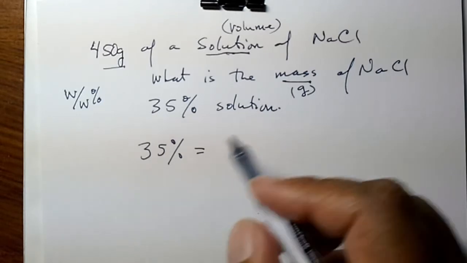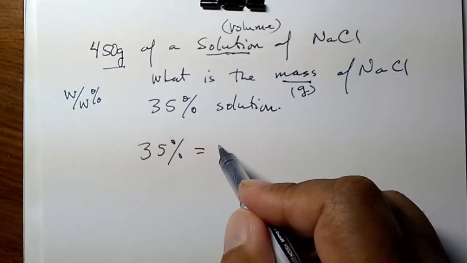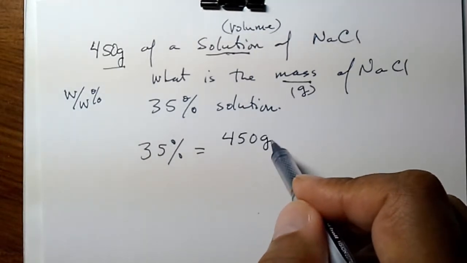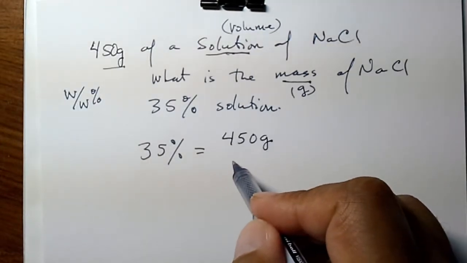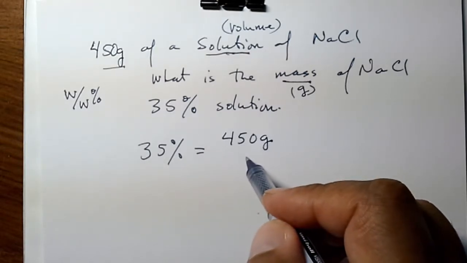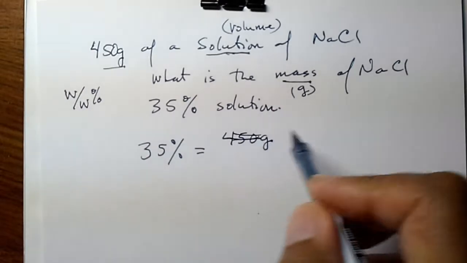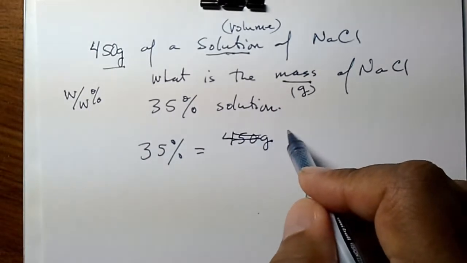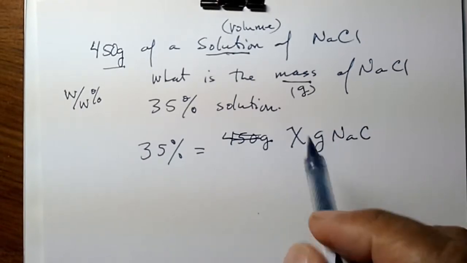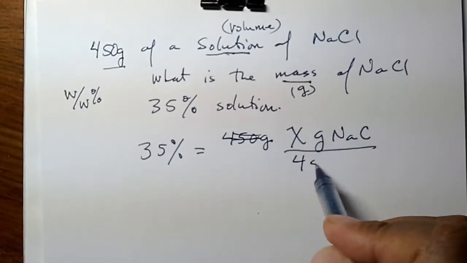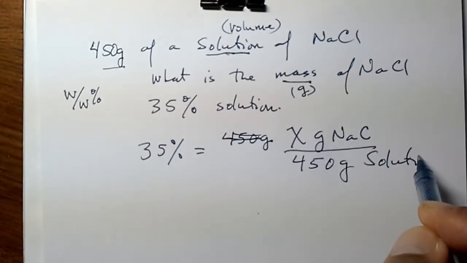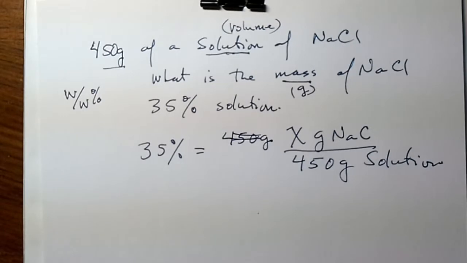And how do we get that? We have some mass, X mass of sodium chloride, over 450 grams of our solution. Okay.